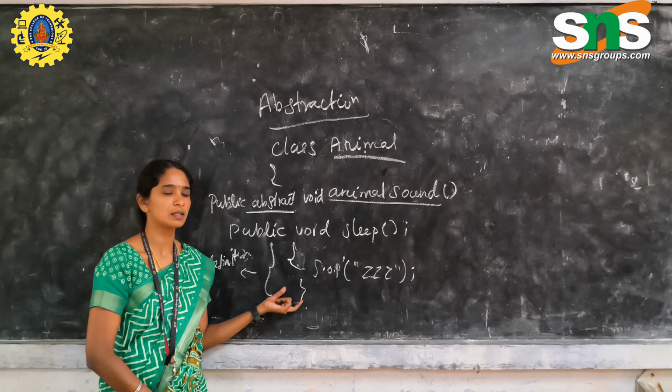If you do not define it, an error message will be shown at runtime. You can also give the abstract keyword for the class. Once you give the abstract keyword in front of the class, you need not create the object for that class. So this is the difference.